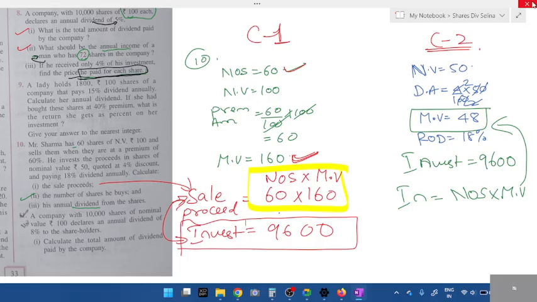Okay, fine. Number of shares is 200. Fine, annual dividend. Dividend percent is also given, 18%.